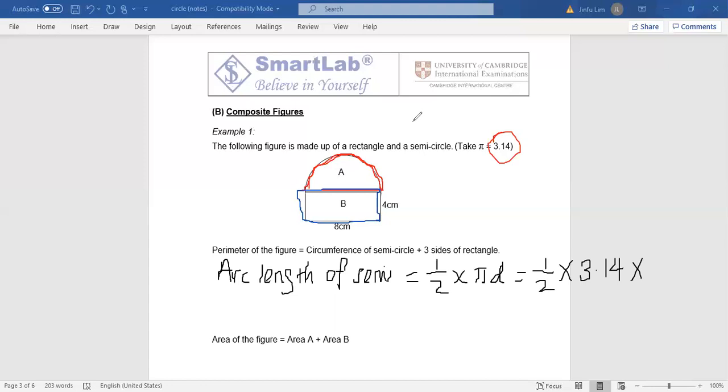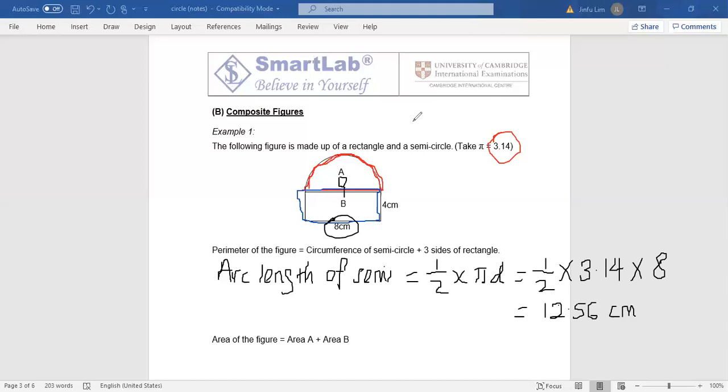The diameter over here, this will be the center of the semicircle. So the diameter, of course, will be 8. So times 8. So this will give you 12.56 cm.